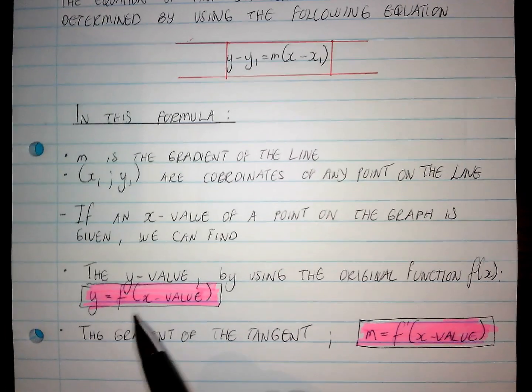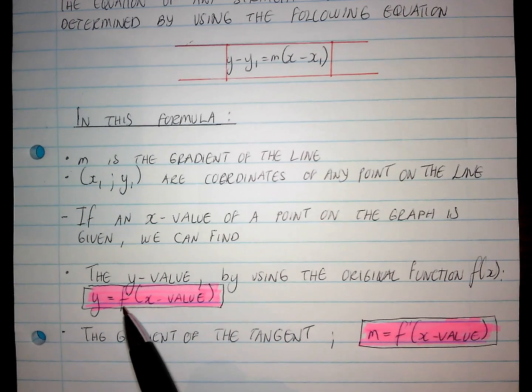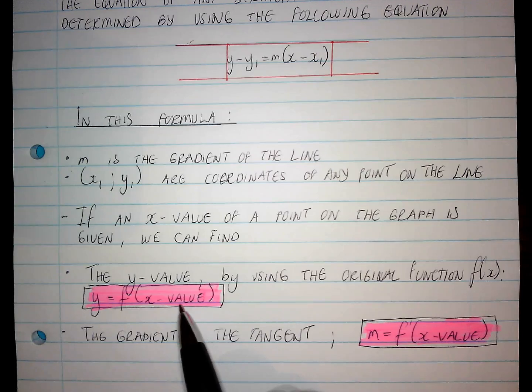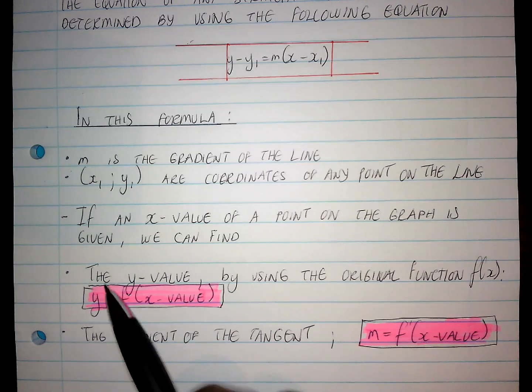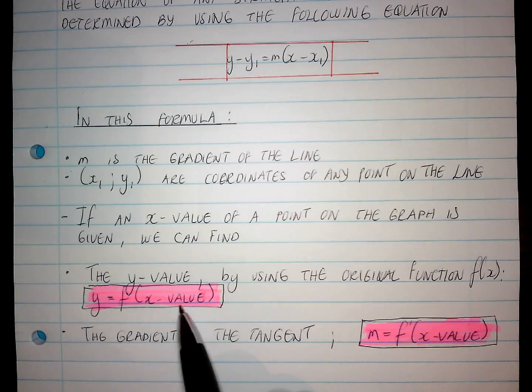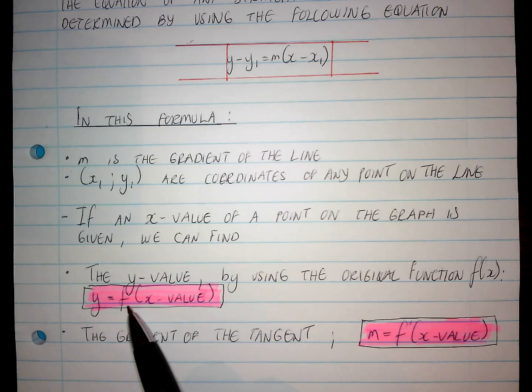So when I say y equals f of x, it means we find the y value by substituting the x value into the function f. It's just substitution to find y.